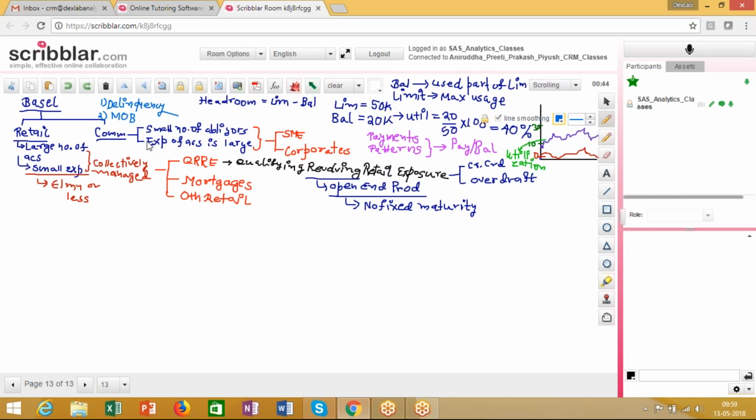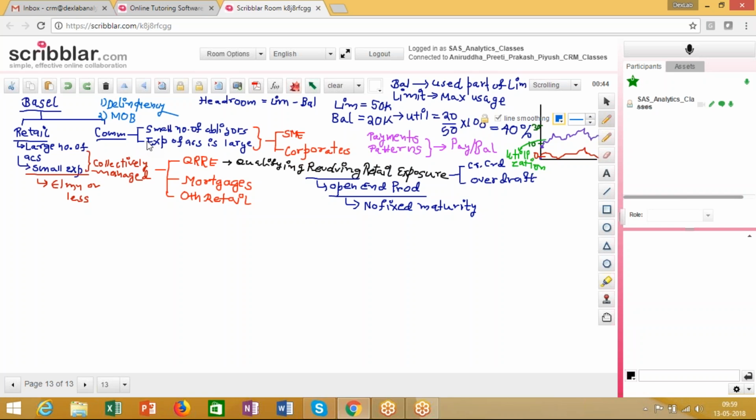If you have a look at this code, you'll see that limit and balance may not give us a very good idea about how a borrower is using his account. But when I coin the measure utilization, I get a clearer picture about how different accounts are behaving over time.